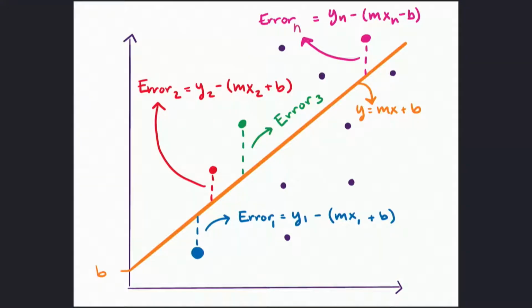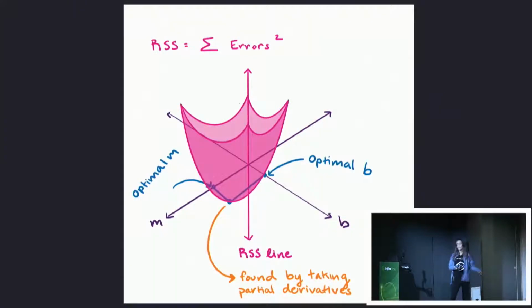We take that value, we sum them together, we square them, and we calculate an RSS. And then we do this again hundreds of times for different lines, and we get different RSSs, and we plot all of those RSS values against all of the various slopes and y-intercepts. And the result is a graph that looks like this. And at the very base of this graph is our optimal m and b, found through taking the partial derivatives.